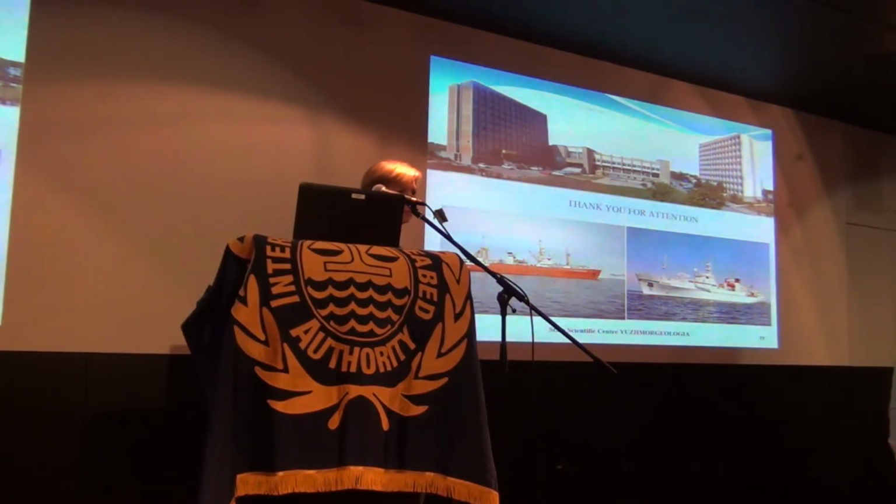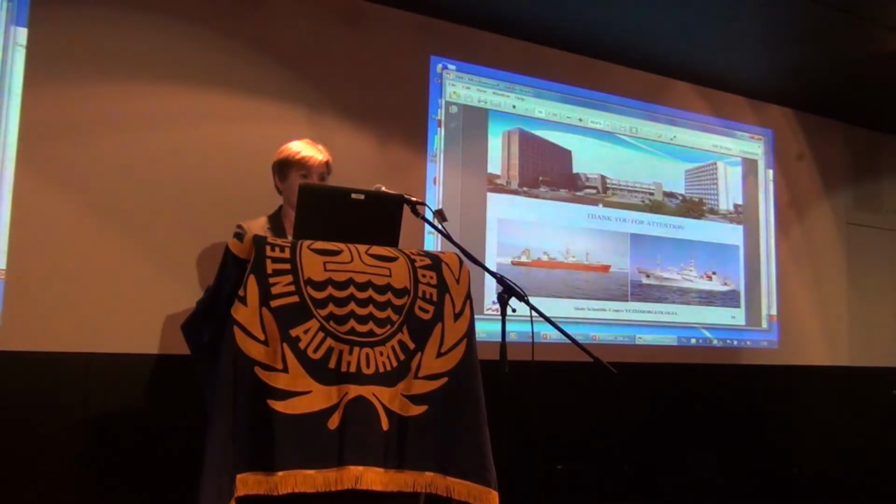So the ability for experts outside Russia to get access to this material is limited, and it's a great shame, because the sample set that Yuzhmorgeologiya put together is an amazing data set for the deep ocean in terms of ecological studies. And Slava can't get enough people to work on it. It's one of those areas where I think we ought to be thinking about how we set up systems to allow exchange of scientists. It's a political question as much as it is a scientific one, unfortunately.